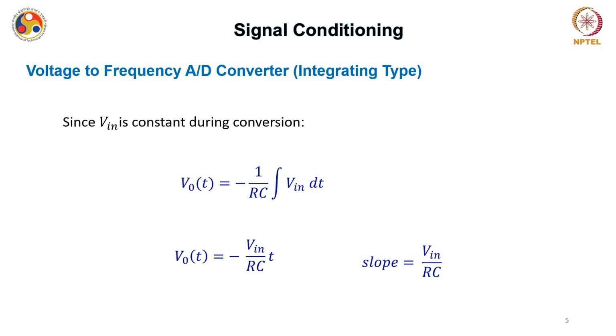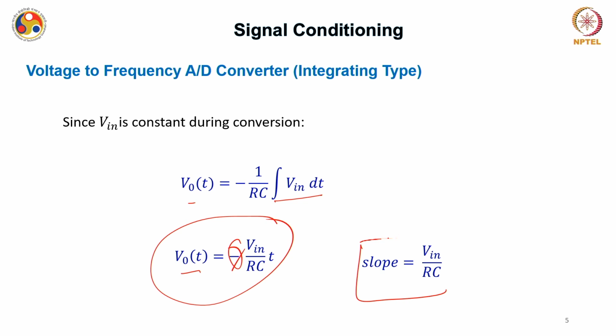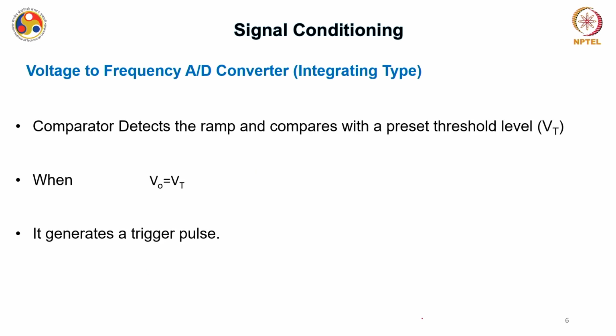Please note that in practice V in is continuously changing; however, since we are sampling it for digital conversion, we consider V in constant during this conversion. At that point V naught is minus 1 by RC integration of V in dt, or I can write V naught equal to minus V in by RC into t. Let me again not consider the sign right now; we'll take it later wherever required. The slope I can write as V in by RC. This is what we were discussing.